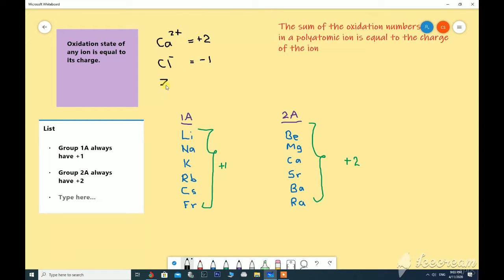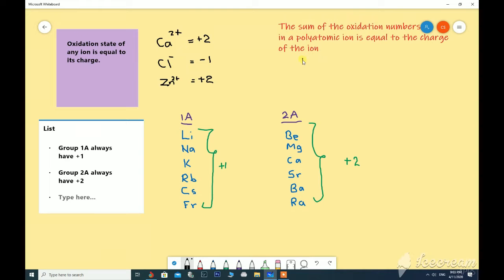Zinc, it is 2+, so the oxidation number is +2. And also we have to remember the sum of the oxidation numbers in a polyatomic ion is equal to the charge of the ion.